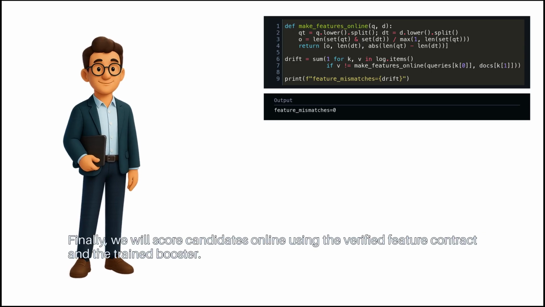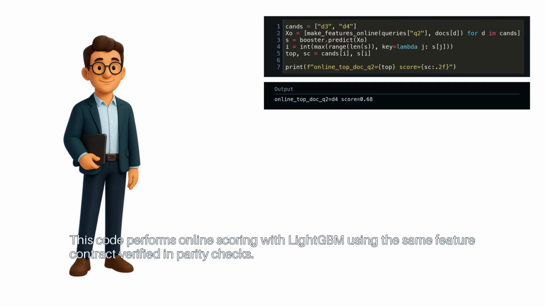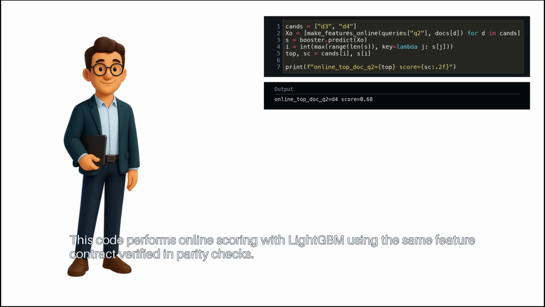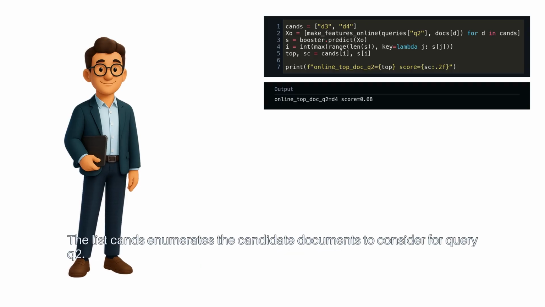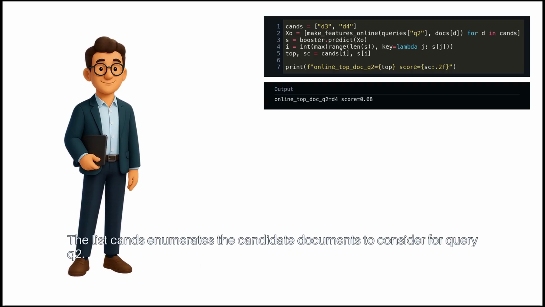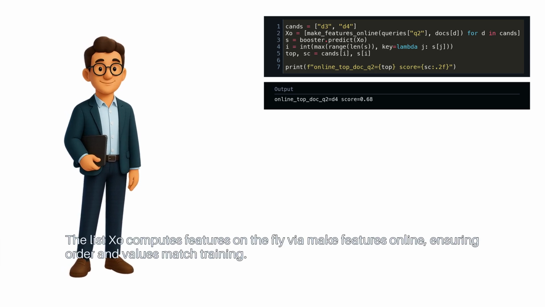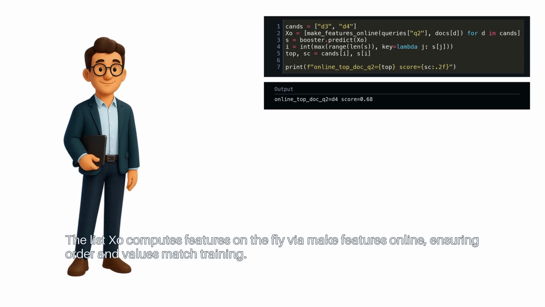Finally, we will score candidates online using the verified feature contract and the trained booster. This code performs online scoring with LightGBM using the same feature contract verified in parity checks. The list cands enumerates the candidate documents to consider for query Q2. The list exo computes features on the fly via makeFeaturesOnline, ensuring order and values match training.